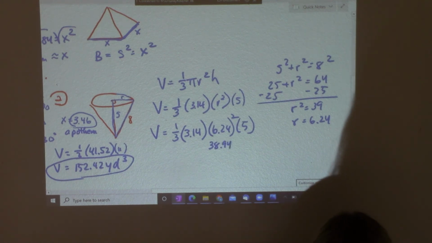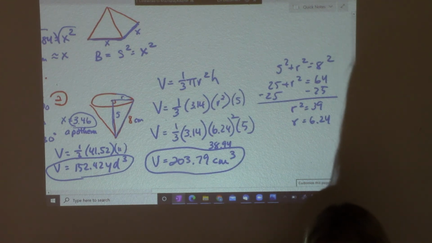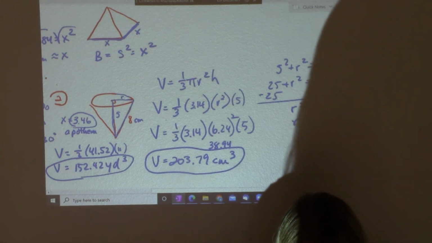I'm going to round that. So I've got 3.14 times 38.94 times 5 equals 611, divide that by 3, and I get 203.79. And these are centimeters, so this is centimeters cubed. Okay, so those are your OIOs.